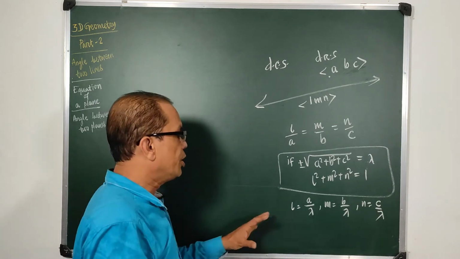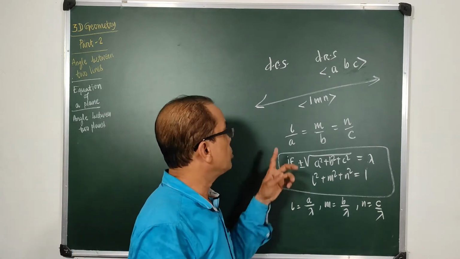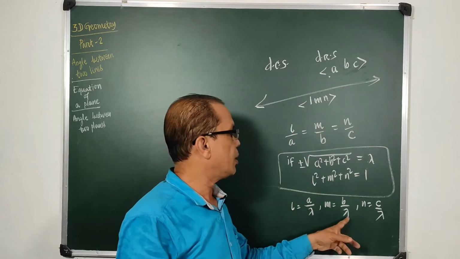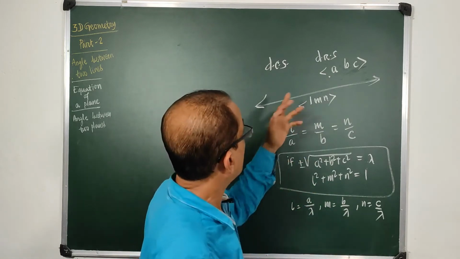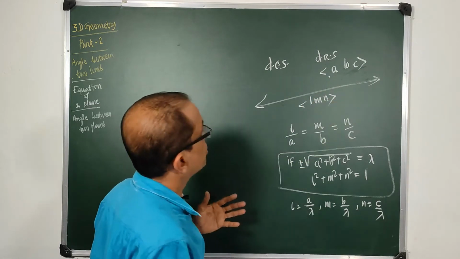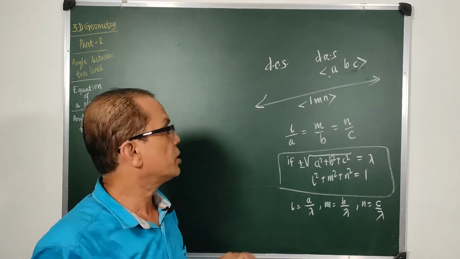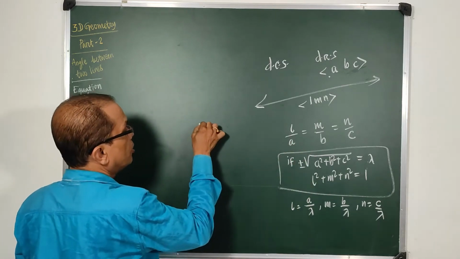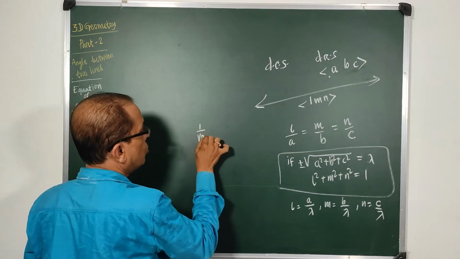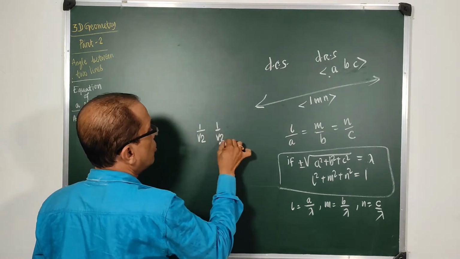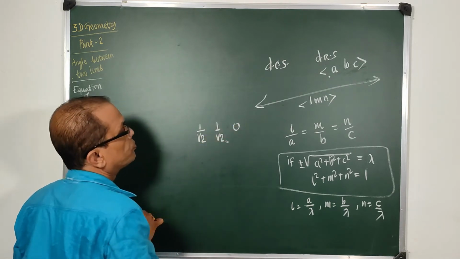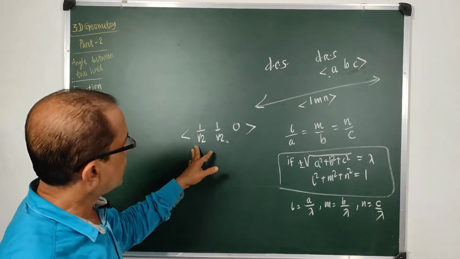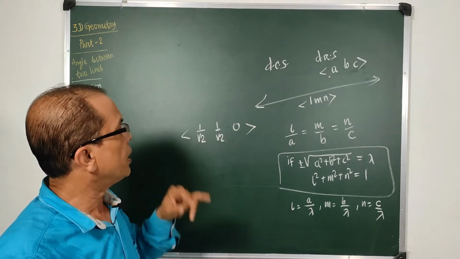Means if we multiply lambda with the DCs, we get l lambda, m lambda and n lambda, and they are a, b, c. Direction ratios are actually the proportionate numbers with the DCs. If you have direction cosines like 1 by root 2, 1 by root 2 and 0, and someone asks you, are they DCs of a line?